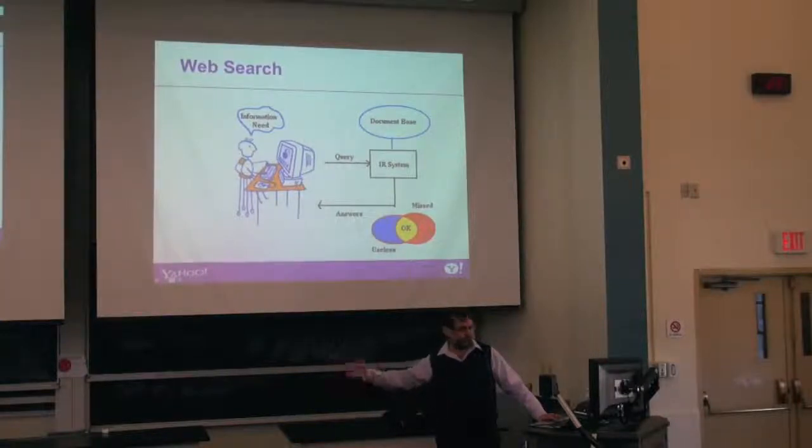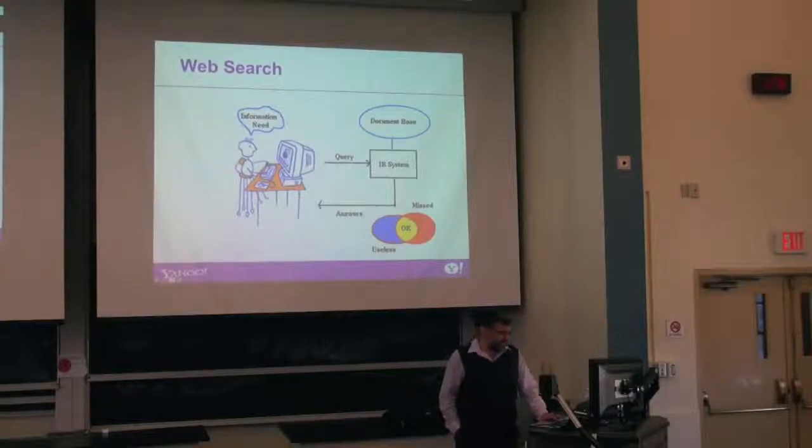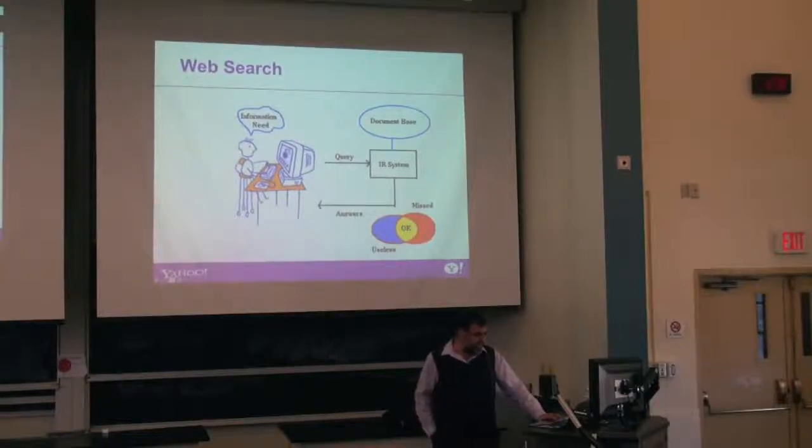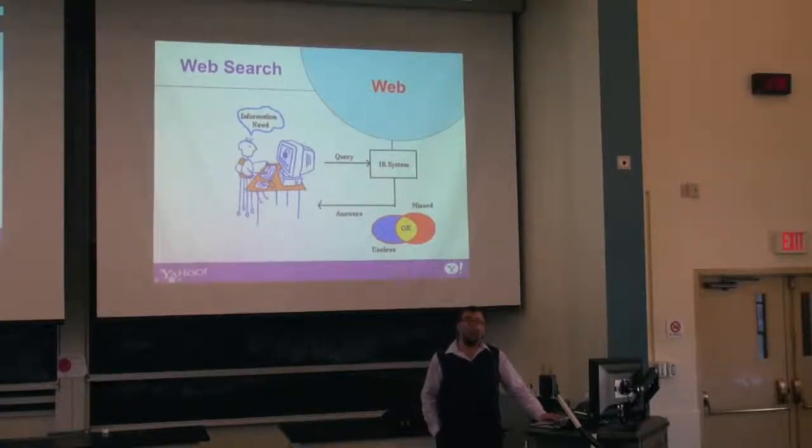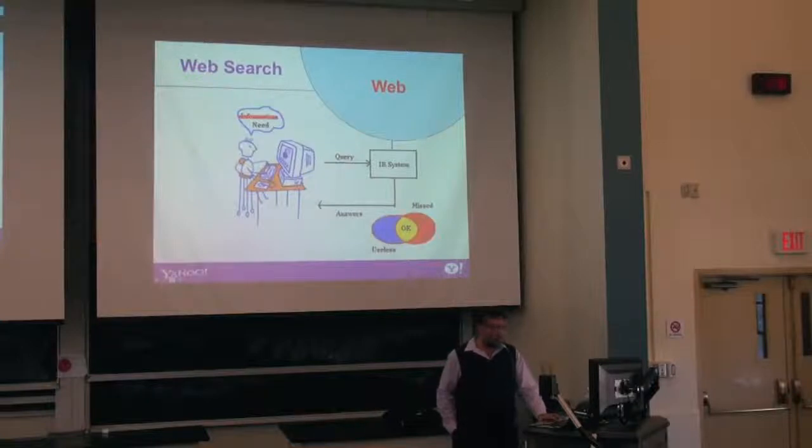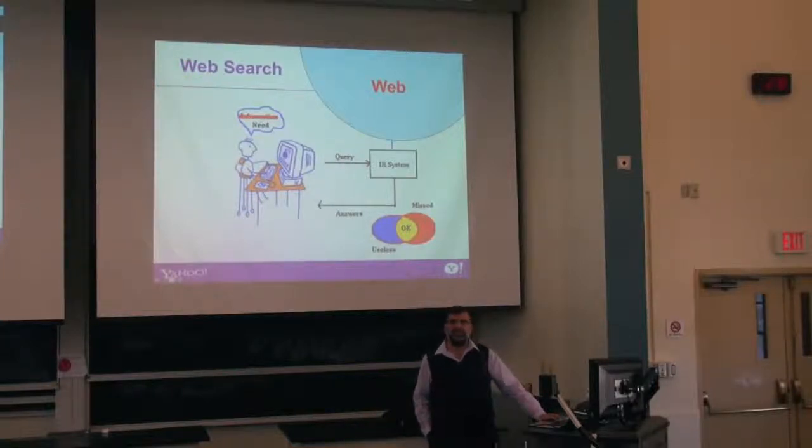But basically, I'm sure you know web search. This is a classical information retrieval system where a person sends a query, gets some good answers, some bad answers, some missing answers, with a small document collection. What are the new things in the web? Huge collection, no information need all the time, just a need.